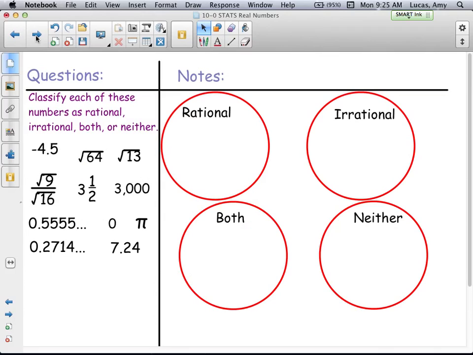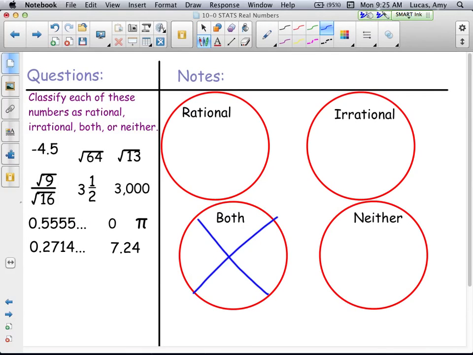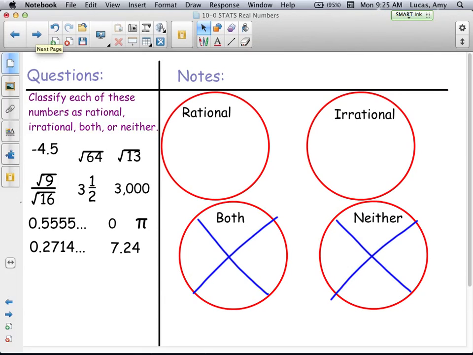Okay, this next one says to classify each of these numbers as either rational, irrational, both, or neither. Well, if you pay attention to that wording, we're classifying each number separately. Numbers cannot be both, and they cannot be neither. They are going to be rational or irrational. So, rational, I can write as a fraction, I can write as a fraction, I can write as a fraction, so it is a fraction.